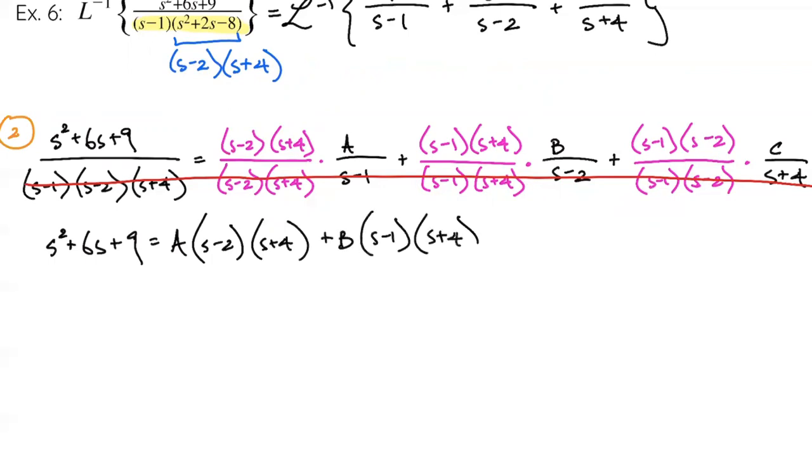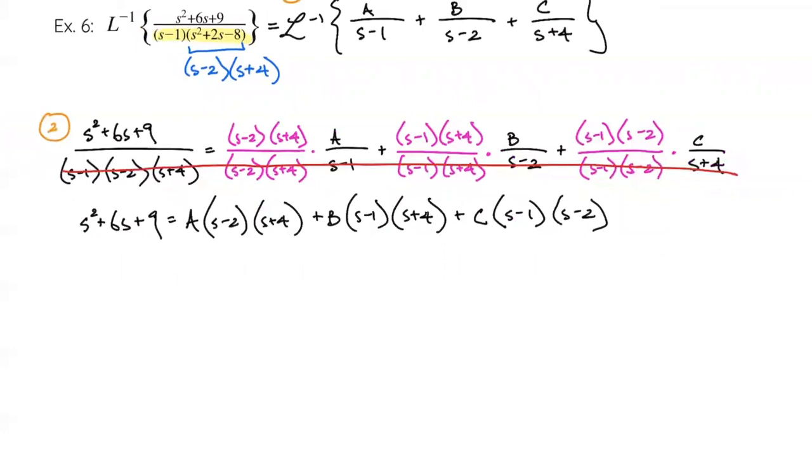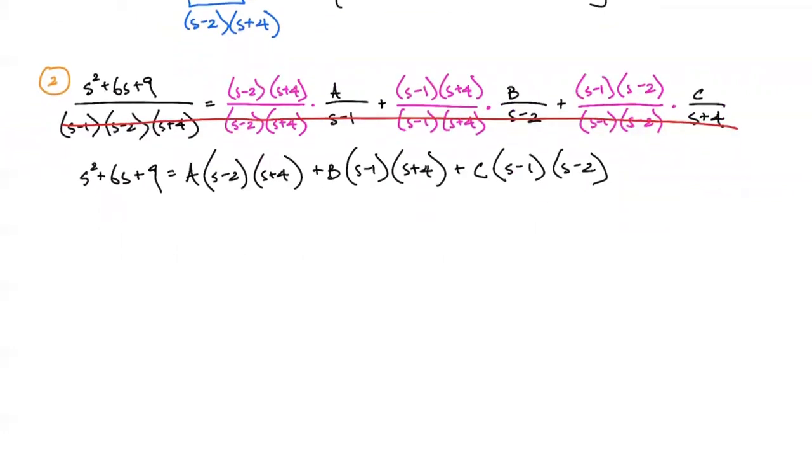Now, while I'm writing this, what are some clever numbers that I can choose to help me find values of A, B, and C without setting up a system of equations? Yep, I would agree.